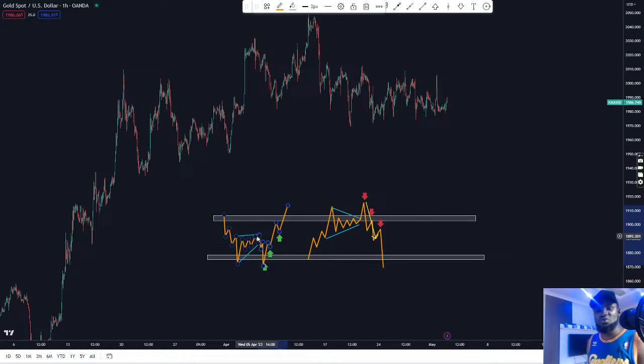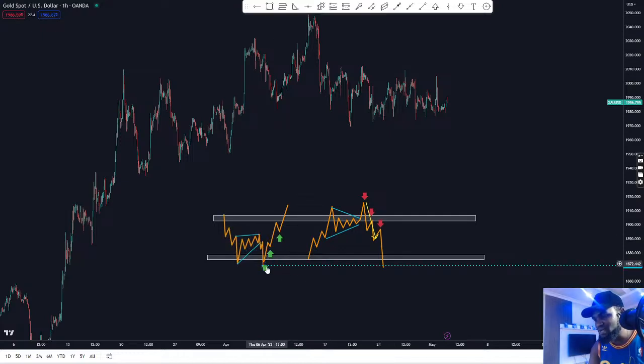If you go on Google, you will find that a triangle is a continuation chart pattern. But here I'm telling you, I'm buying from this level simply because the market is coming to take the stop loss of the buyers and even to induce the sellers who think now we are selling while we are buying.